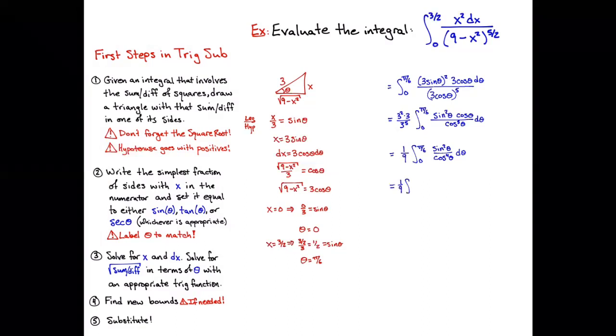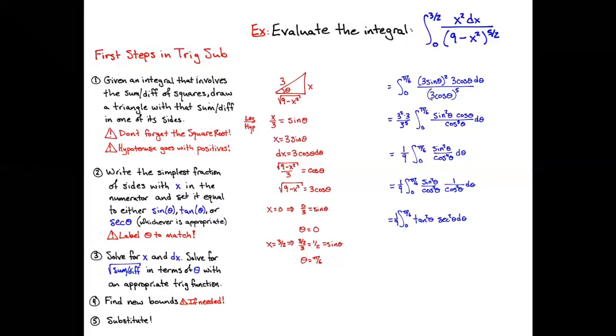So sine squared over cosine squared theta, times 1 over cosine squared theta d theta, will help me rewrite this. Sine squared over cosine squared is tangent squared theta. 1 over cosine squared is secant squared theta d theta.